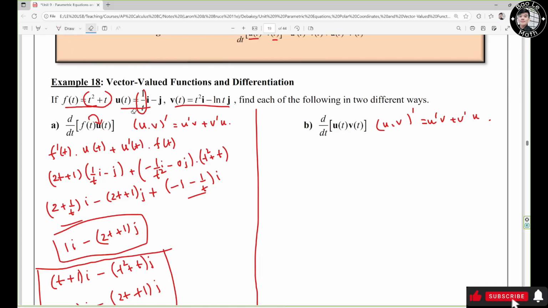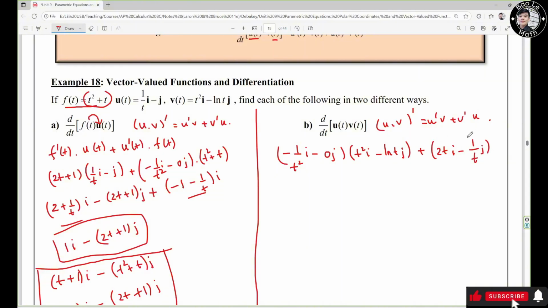Now I need to take the derivative of u first, so it's going to be negative 1 over t squared i minus 0j, times v, which is t squared i minus natural log of t j, plus the derivative of v, which is 2t i minus 1 over t j, times u, which means 1 over t i minus j.